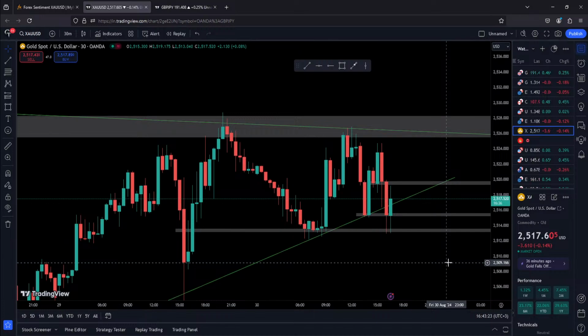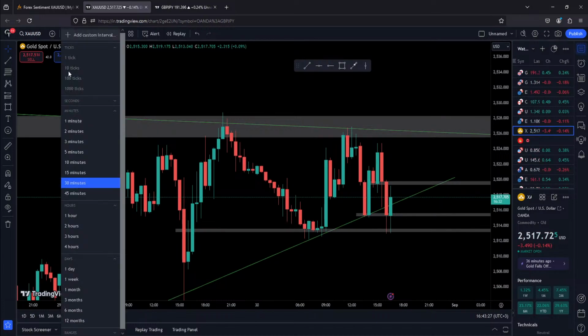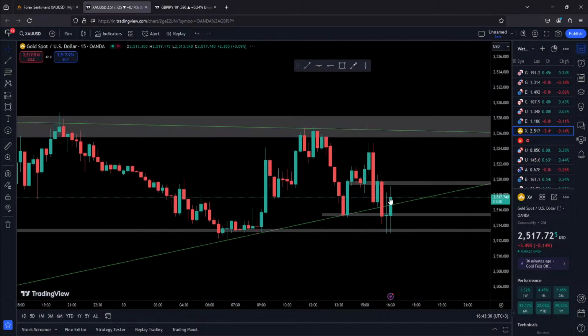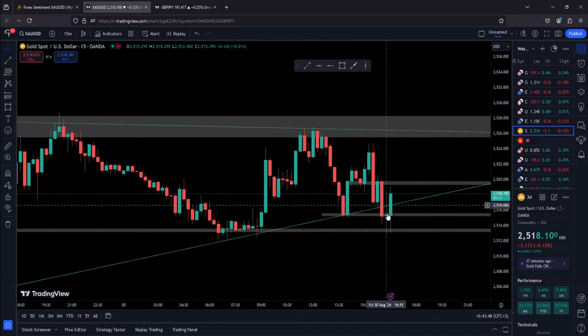So as we can see, the 15-minute candle is about to close in 1 minute. Let's have a look at how the 15-minute time frame looks. Now the 15-minute is telling us a different story. The previous 15-minute candle tried to go all the way up above the previous trend line, but failed, and with heavy rejection closed back below the trend line.